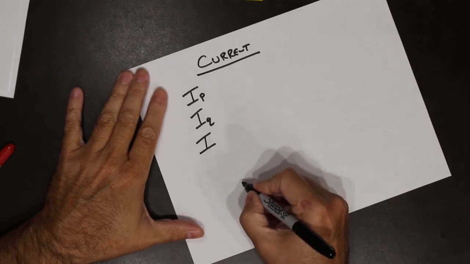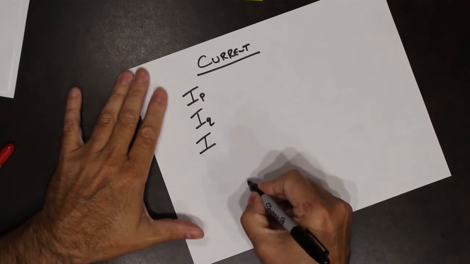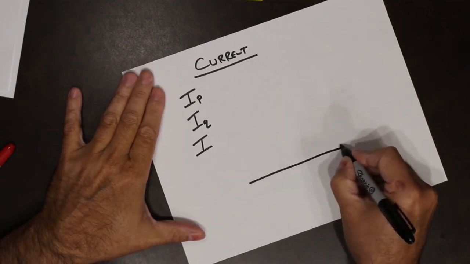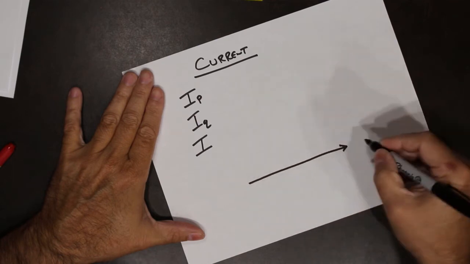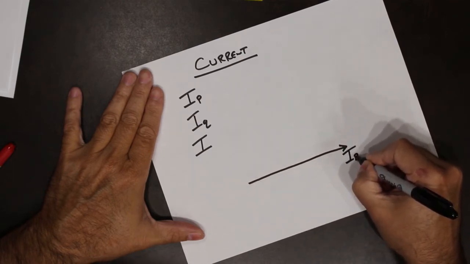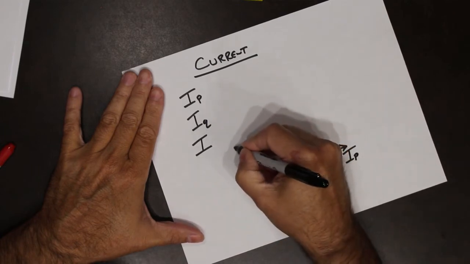if we looked at the vector system for current, if you remember from AC circuits, the current in a resistive load, so IP, is on the x-axis.